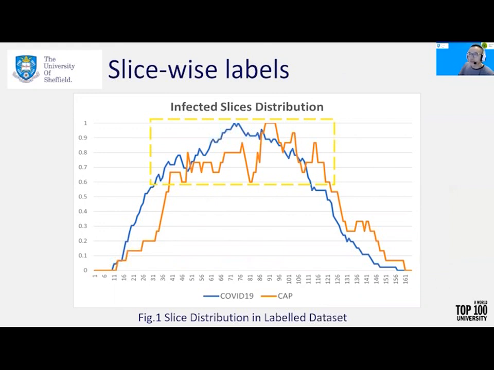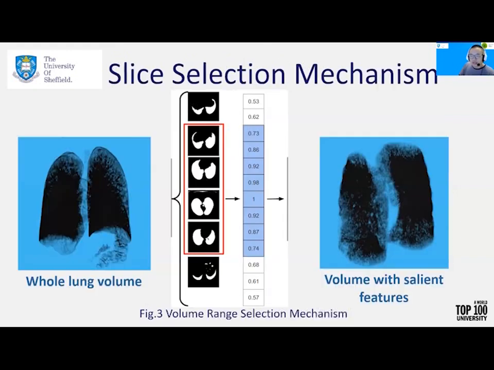So the problem now is how we are able to extract these slices with infections so we can improve the accuracy of the COVID detection. Here we employed a slice range selection approach to extract slices that are more likely to have salient features.